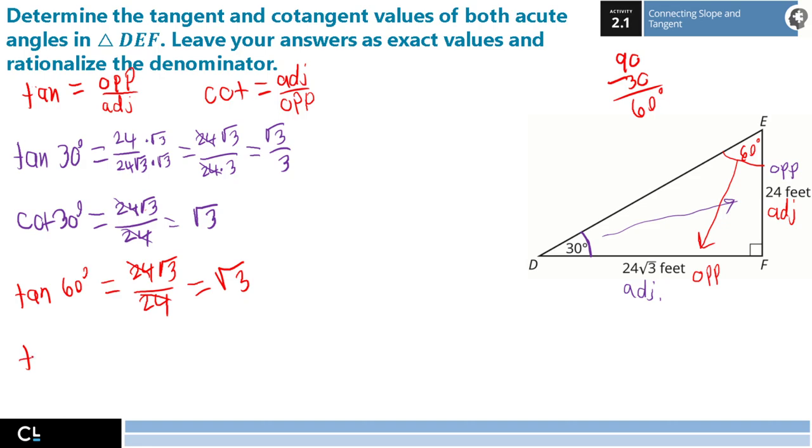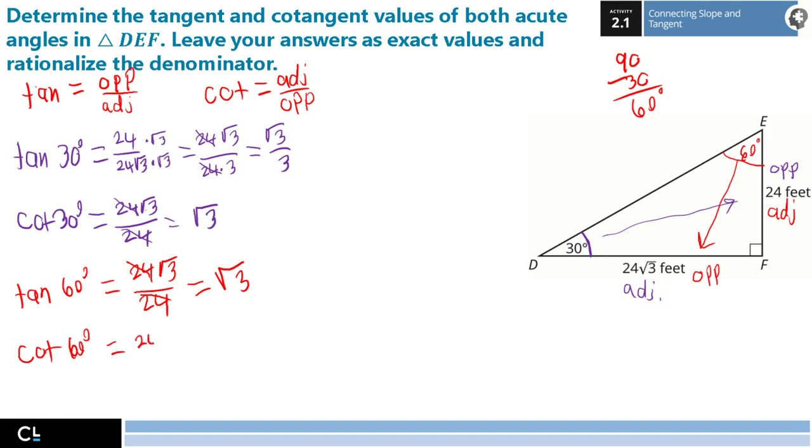And then our tangent of 30 is equal to the opposite of that. Whoops, we already did tangent of 30. What I meant to put was cotangent of 60. Sorry about that. So our cotangent of 60 is the reciprocal of this.